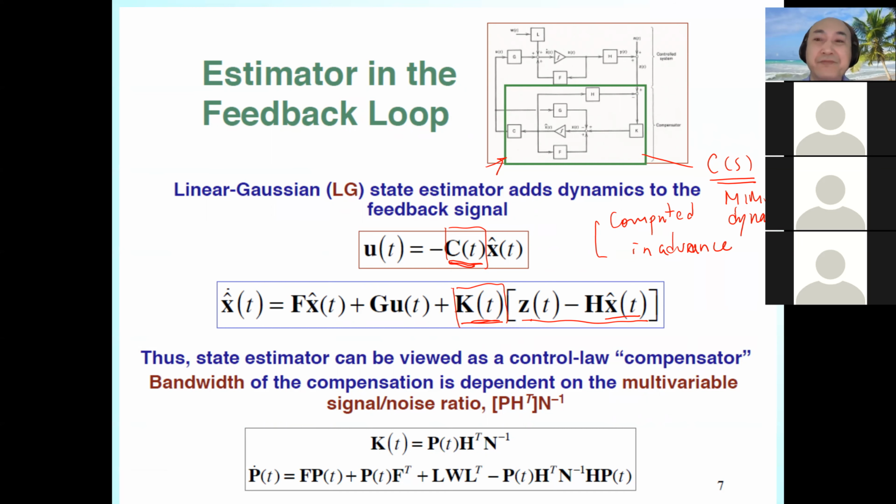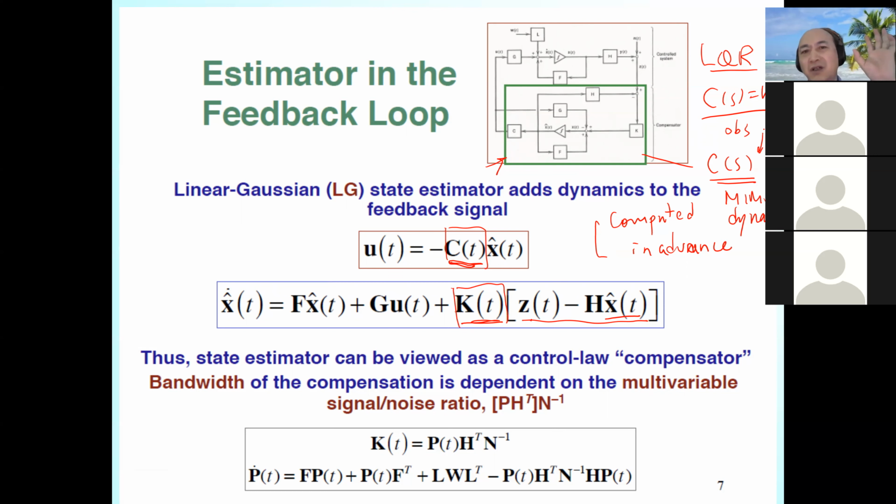But remember, in our pure LQR problem, it's a static gain matrix. However, with the observer structure, you also have a dynamic controller. I hope I didn't confuse you.